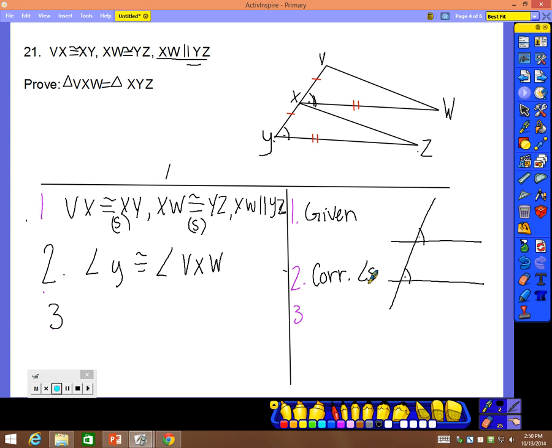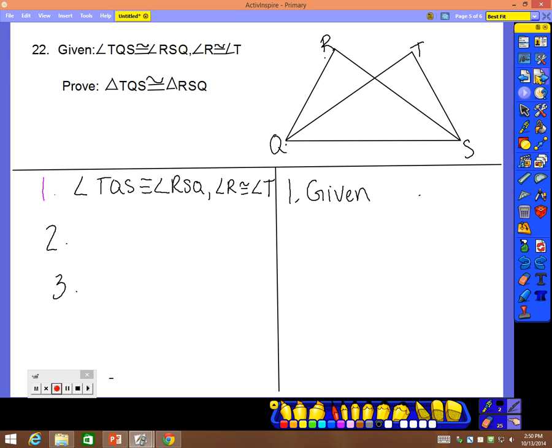And now I have an angle. I've got side, angle, side. So I'm ready to prove my triangle is congruent. BXW congruent to XYZ. Gotta get that congruent up there. And I had side, angle, side. That's 21.